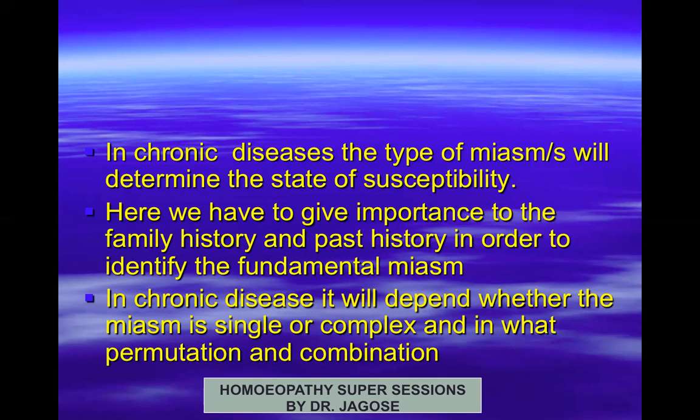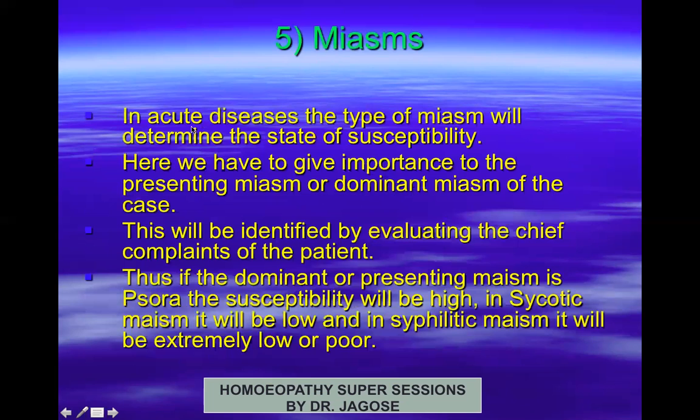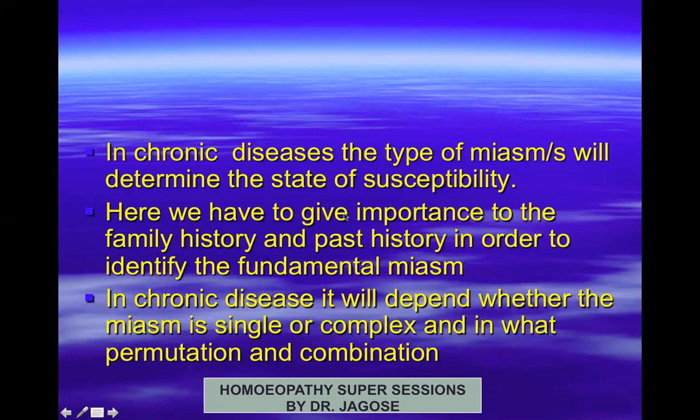So in a chronic disease, we are identifying the fundamental miasm, whereas in an acute disease, we are identifying the presenting or the dominant miasm. In a chronic disease, from the family history, we can come to know what is the fundamental miasm. That means what is inherited from the family background. We will be in a position to know.